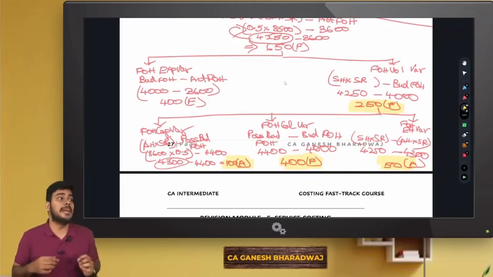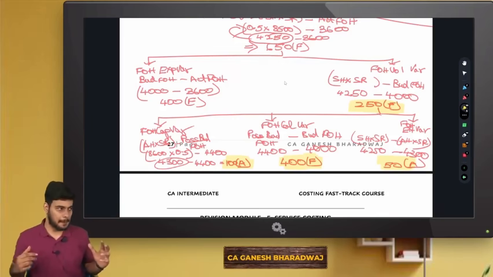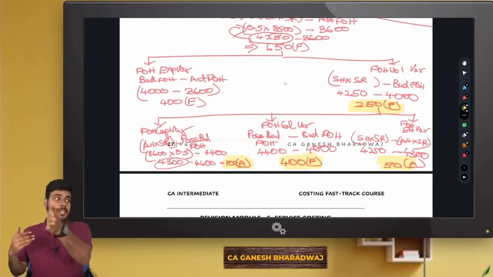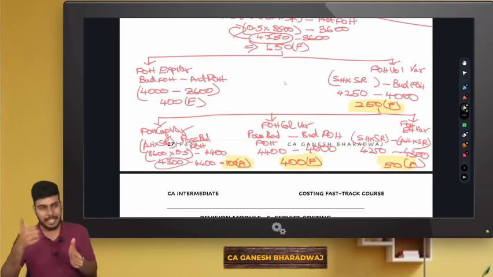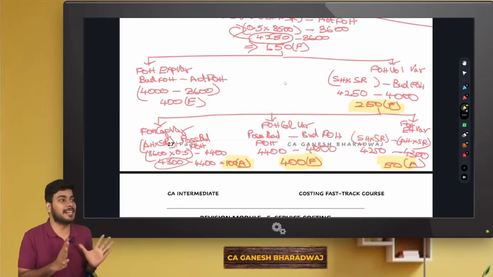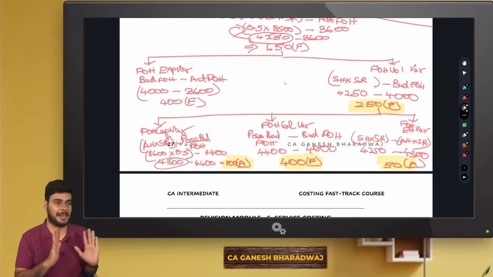Fine, very good. Material yield variance: standard quantity minus revised actual quantity into standard, it's not standard rate, sorry, it's standard price. Very good.